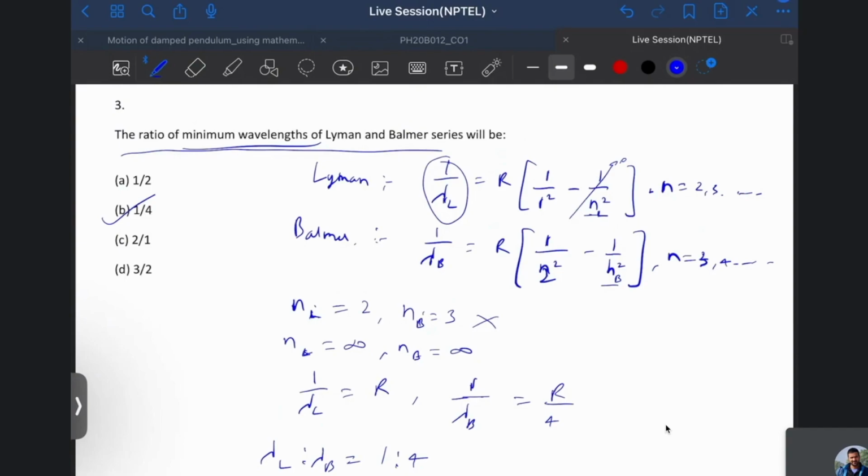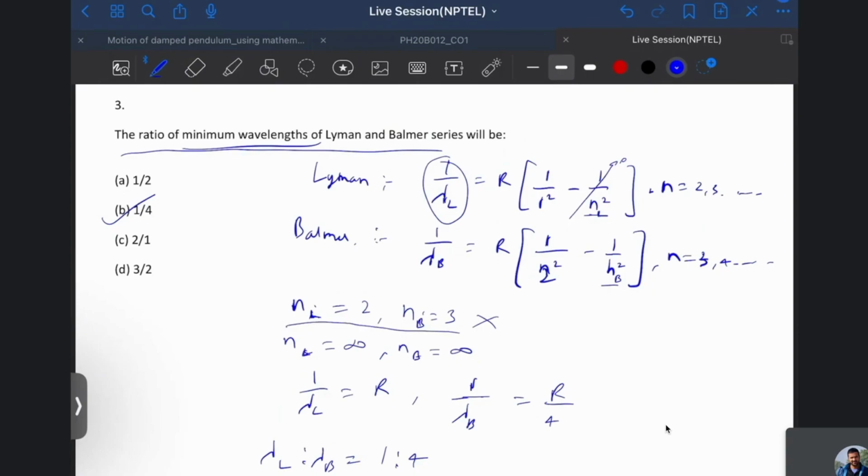Anything you want to say? Sir, suppose in the same problem, the ratio of maximum wavelength of Balmer series means it is asking minimum. Oh yeah. So for maximum, this is correct. n equal to 2, n equal to 3.